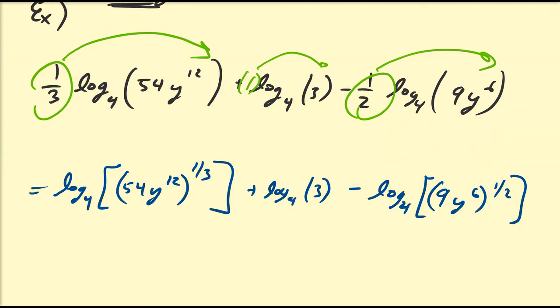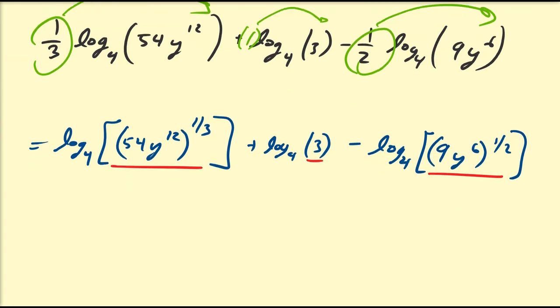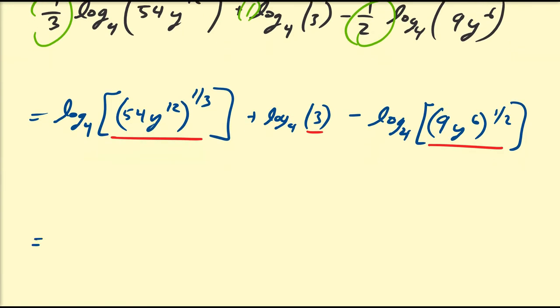Okay, and we have logarithm of something plus logarithm of something minus the logarithm of something, so we can multiply the first two and divide by the second using properties 1 and 2, right?